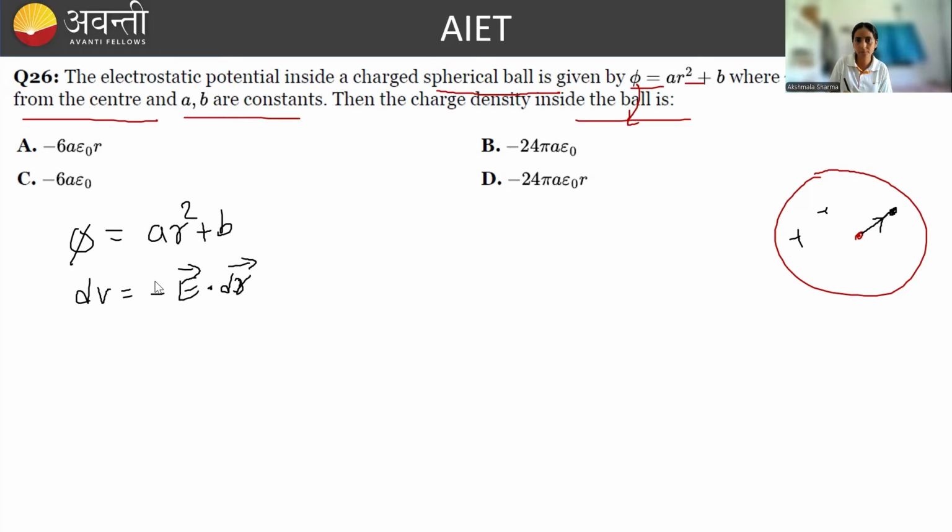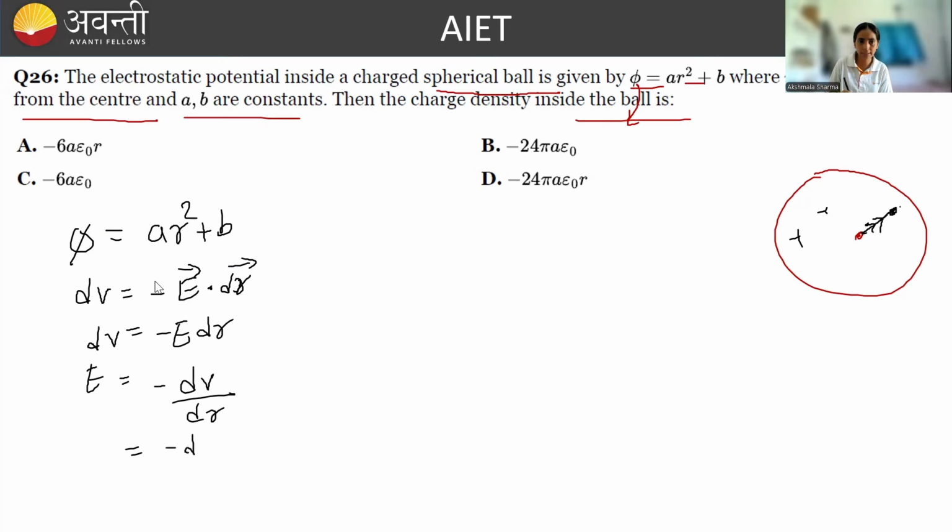Here electric field and dr are in the same direction, so minus E dr cos theta becomes minus E dr because theta is 0. So minus E dr is dV. So electric field can be calculated as minus dV by dr.